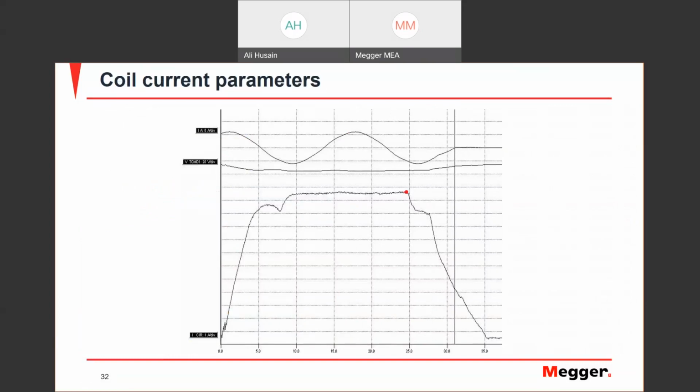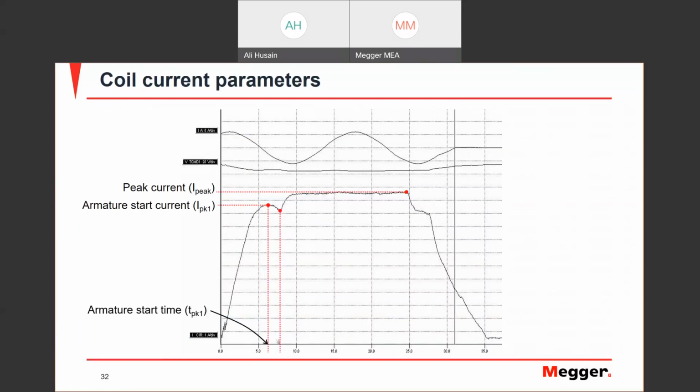This information can give you, especially the coil current is very important in this case. You can see the maximum currents going through the coil, the timings, the start time, end time of the part in the coil, and also the part in the mechanism. Between the stop time of the armature and the auxiliary contact opening, this is the time your mechanism takes to operate the breaker fully.